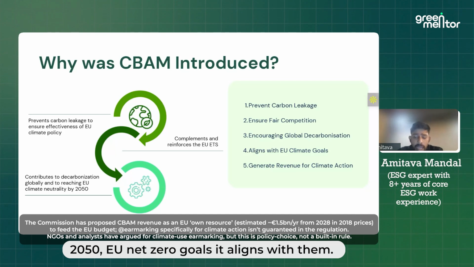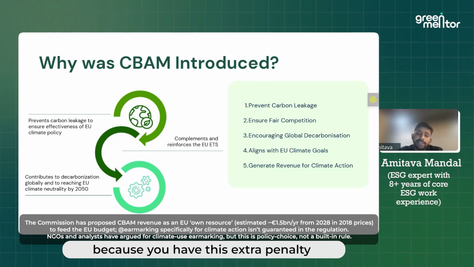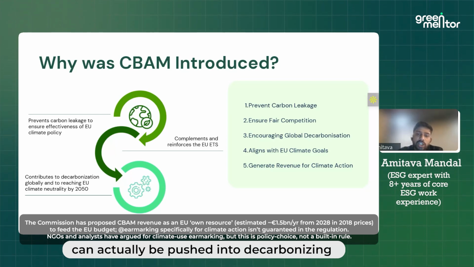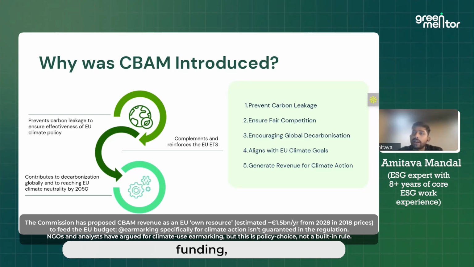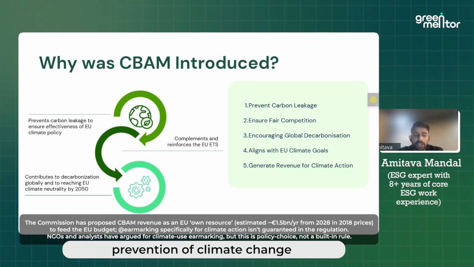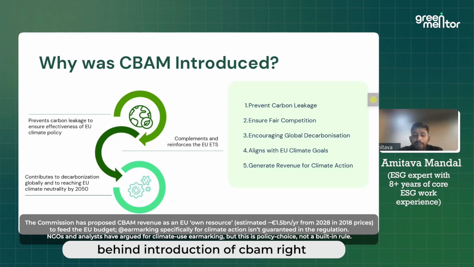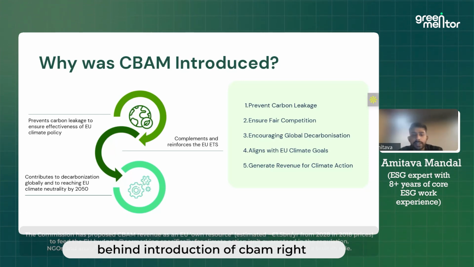And also because you have this extra penalty or carbon tax coming out, it is generating revenue for climate action. This means that revenue, once generated, can be pushed into decarbonizing, funding climate tech, or rather funding mitigation of climate change. So this was the whole idea behind the introduction of CBAM, right?